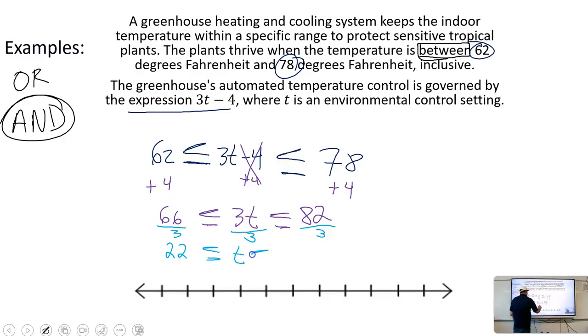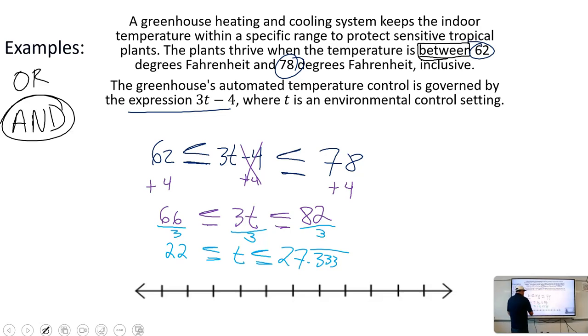And 82 divided by 3 gives me a decimal, 27.3333. Hopefully they're not like that on your assignment, but that's what it would be.